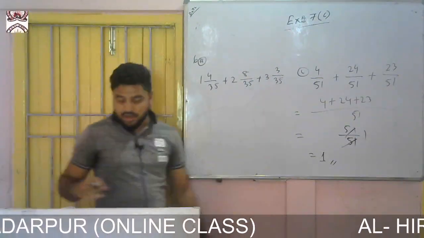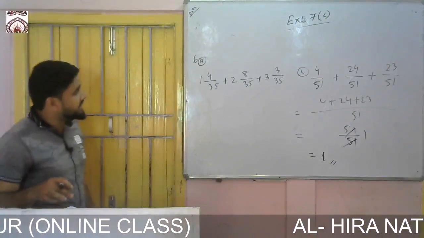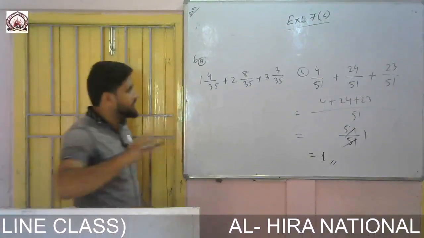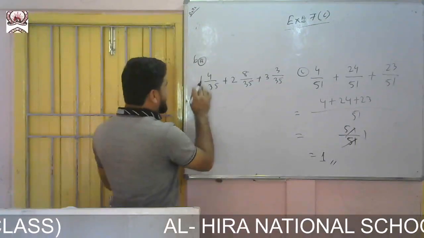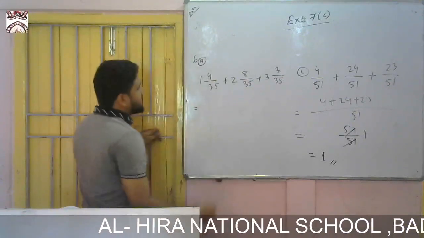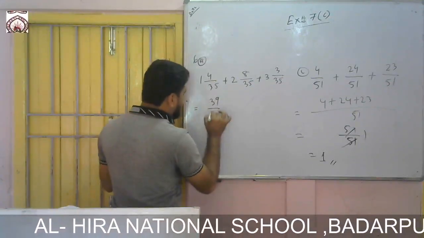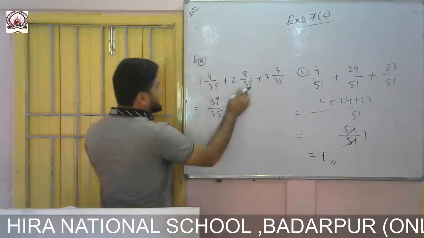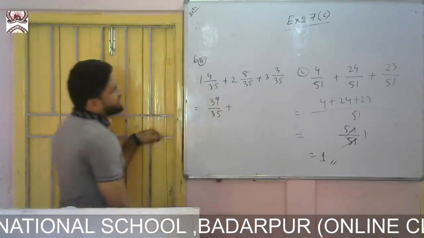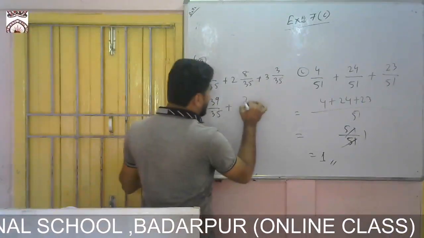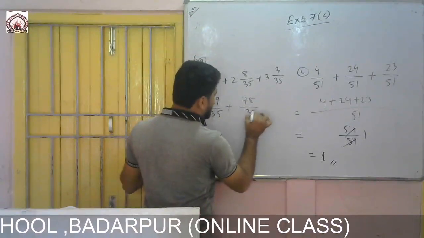I need to convert 1 4/35, 2 8/35, 3 3/35. 35 plus 4 is 39, so 39/35. 35 twos are 70, 70 plus 8 is 78.